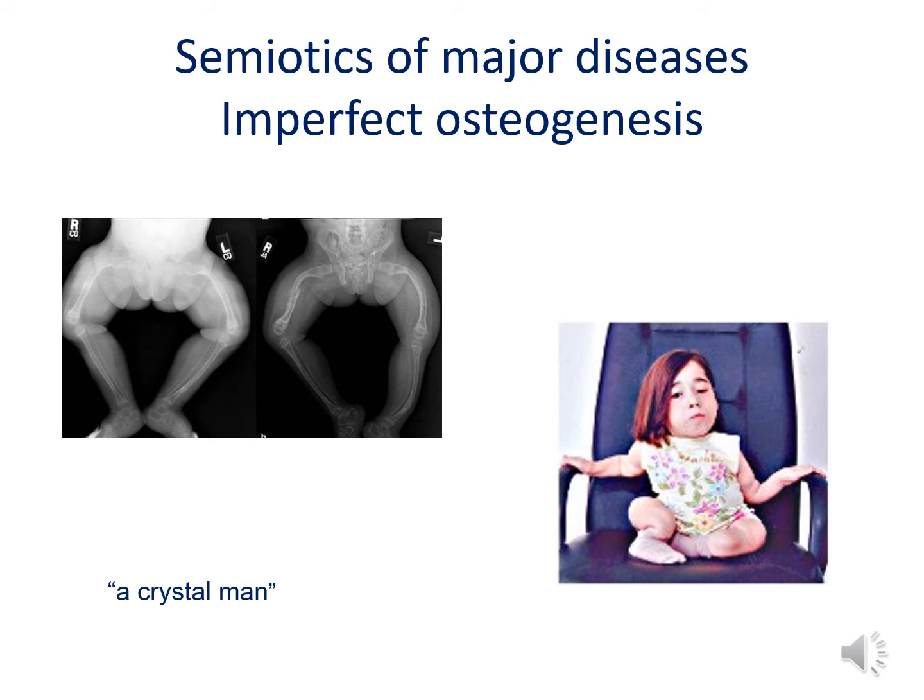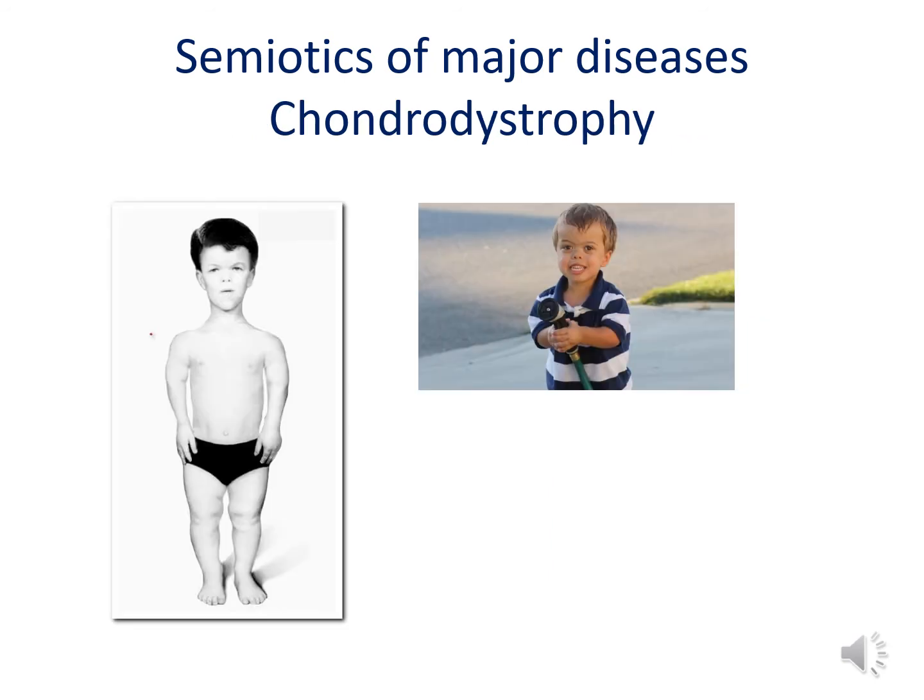That is why they have a lot of bone deformations. Chondrodystrophy is the next example. These patients have normal size of head and trunk, and their extremities look disproportionate because their limbs stop their growth.